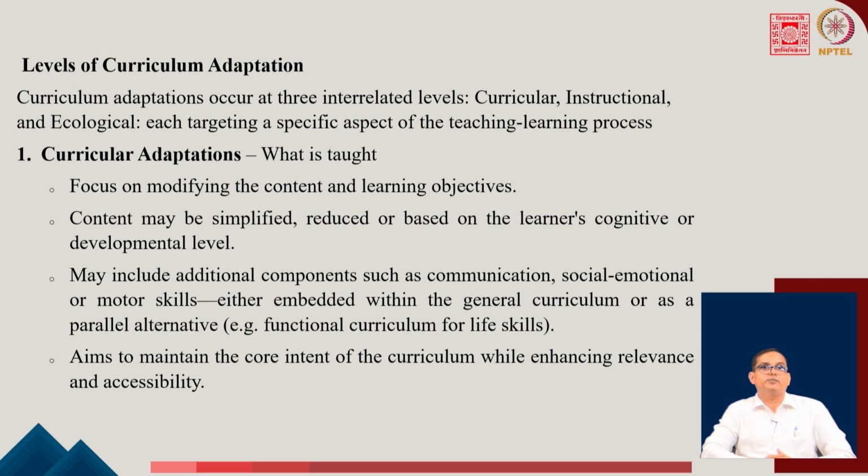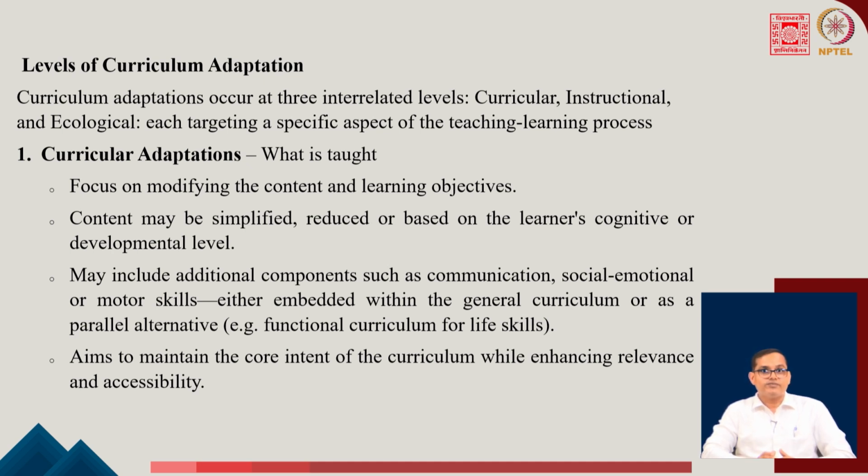Levels of curriculum adaptation. Curriculum adaptations occur at three interrelated levels, that is curricular, instructional and ecological, each level targeting a specific aspect of the teaching-learning process. The first one is curricular adaptations, that is, related to what is taught. Curricular adaptations focus on modifying the content and learning objectives.